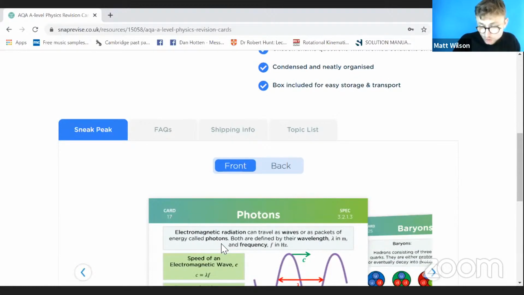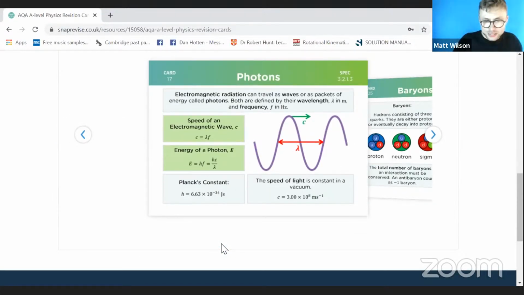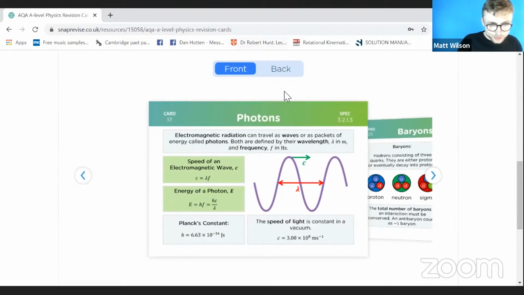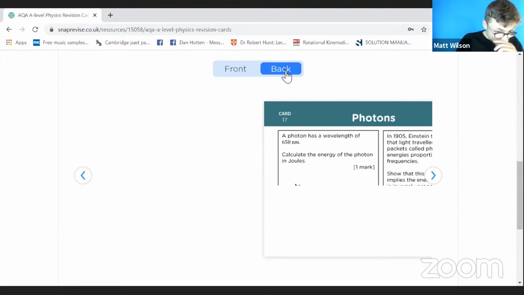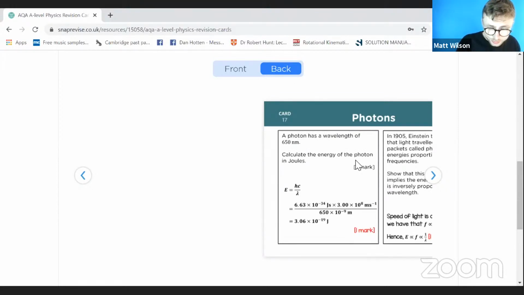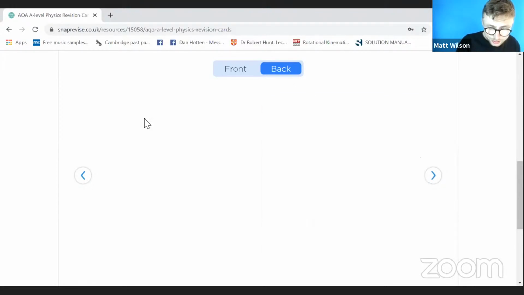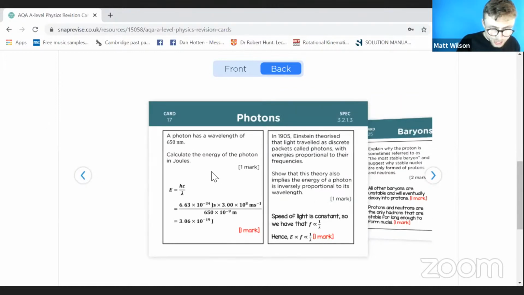And we've put them all onto revision cards. So this is already handy. This is concise. It's a nice way to revise. But the key stuff happens on the other side of these cards. So you can read about a couple of things. You can learn a couple of things about photons here. We've got the key formulas going on. And then you can look at the back straight after and check you actually digested this stuff by looking at the backs of these cards, where we have some questions that you can try and answer to check your understanding. So there's a handy new resource we've got, so feel free to check those out as well.